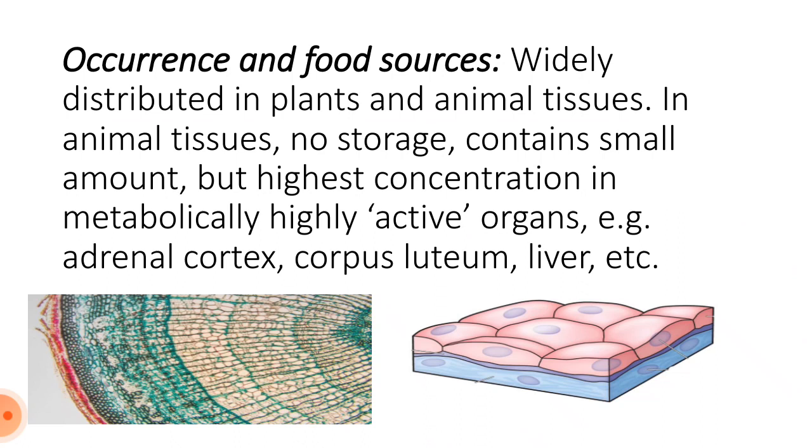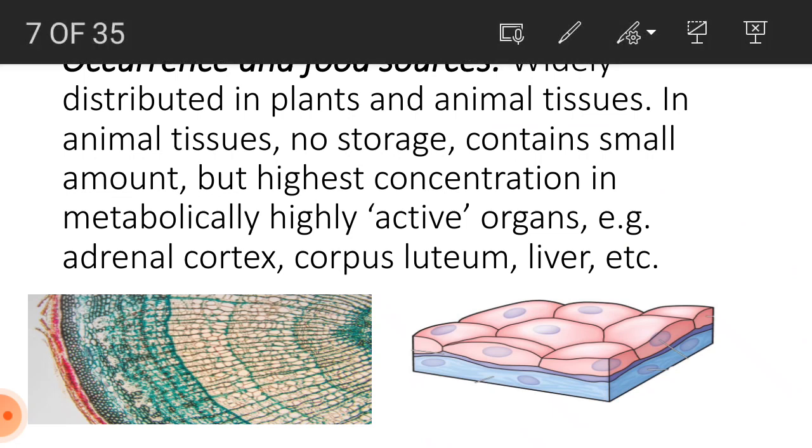Occurrence and food sources. It is widely distributed in plants and animals. In animal tissues, there is no storage for vitamin C and it contains small amounts, but the highest concentration is in metabolically highly active organs such as the liver.